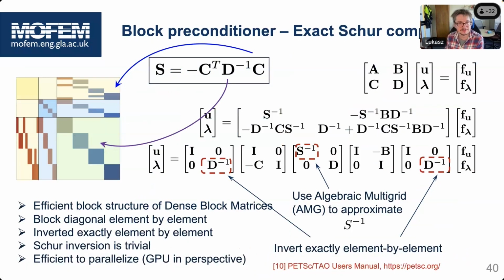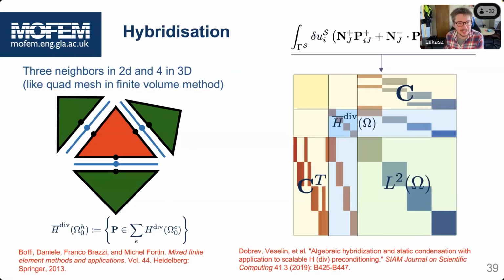Because what you can do is calculate the Schur complement. And this Schur complement is a matrix with a beautiful structure, because in 2D a triangle can have 3 neighbors, so you have 4 blocks in the row.